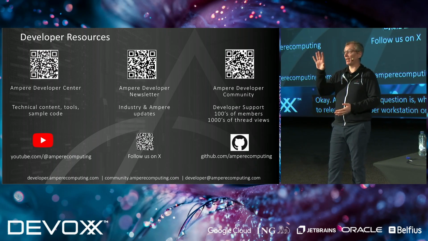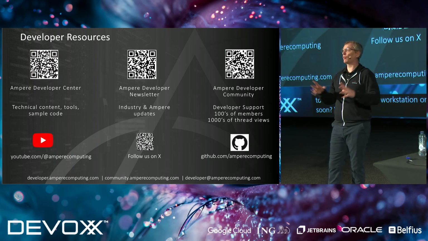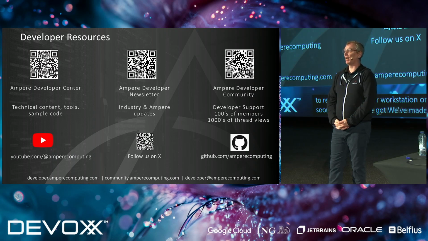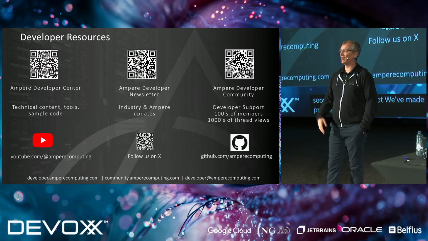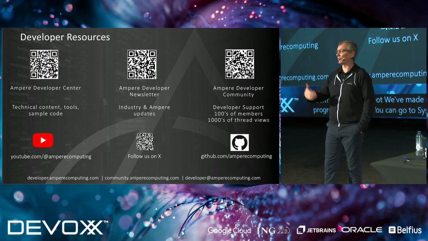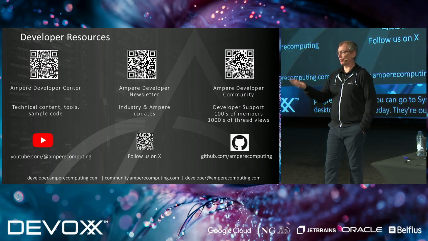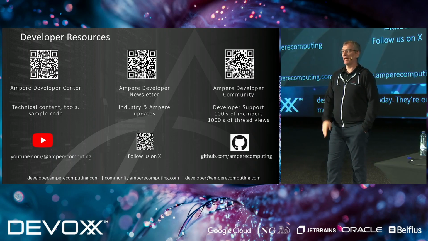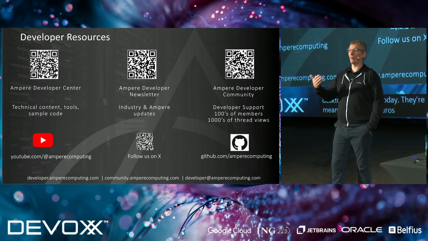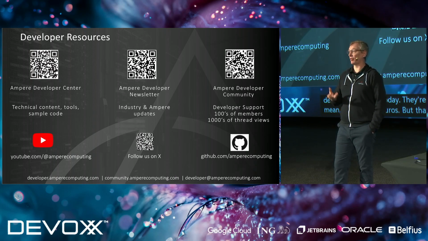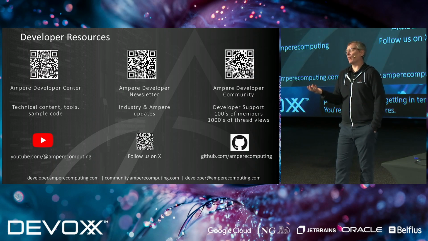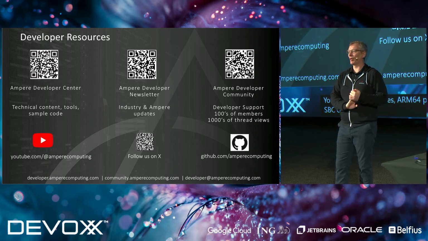Well, we've made quite some progress in terms of, you can go to System76 and get a desktop form factor today. They're out there, and they're 2,500, 3,000 euros. But that's a pretty competitive price for what you're getting in terms of the processor. You're getting a 128-core Arm64 processor. We're not an SBC company. I am unapologetic about that.